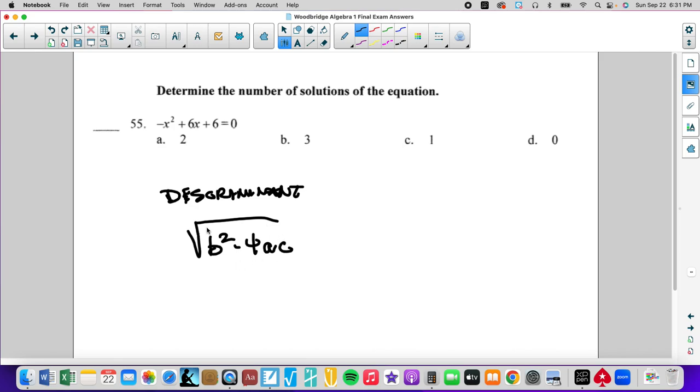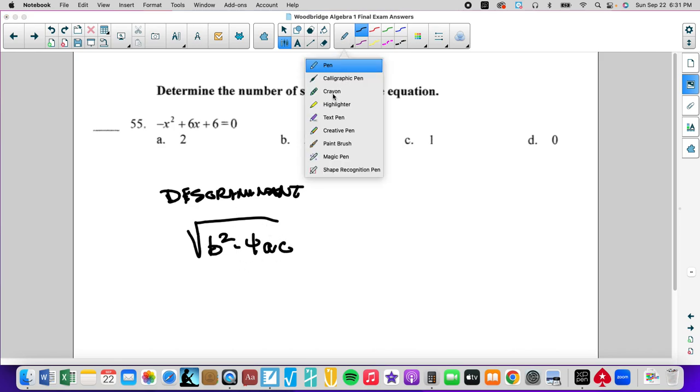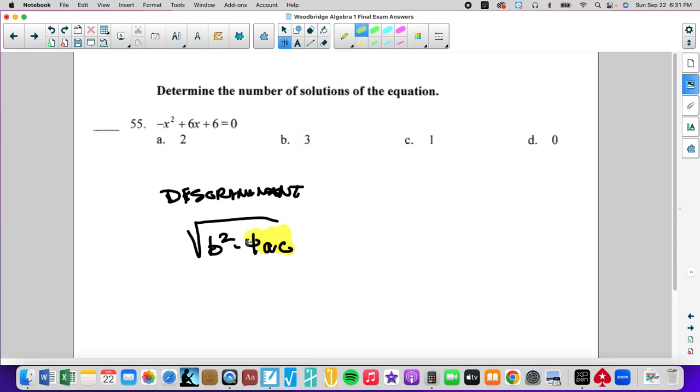So we know something about this piece inside here. The discriminant is not the square root. My arm is spazzing out. Did you see that? The discriminant is really this, but we know that it's inside the square root in the quadratic formula, and square roots have to be positive. So there's some logical stuff.